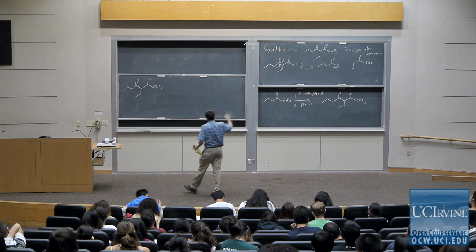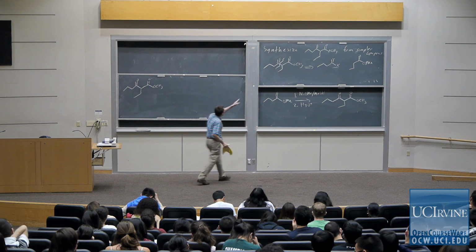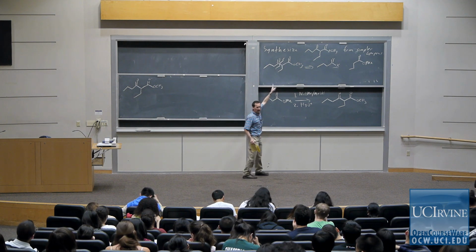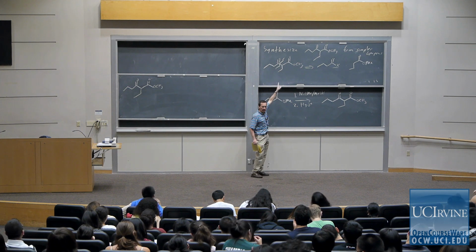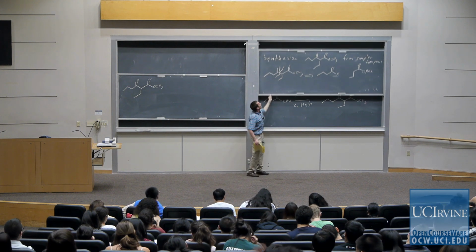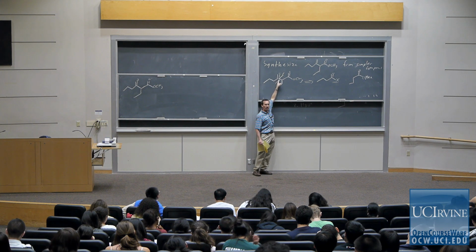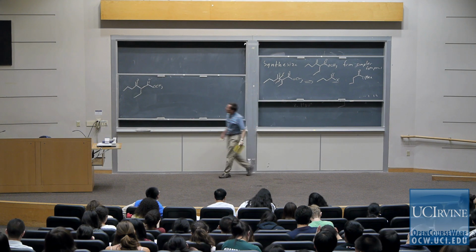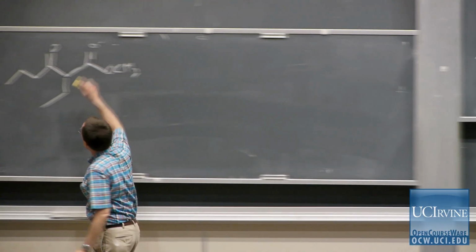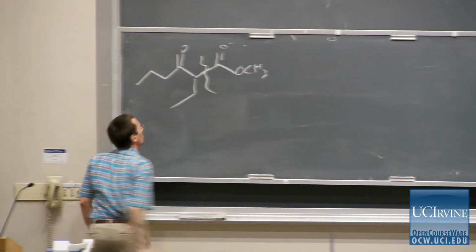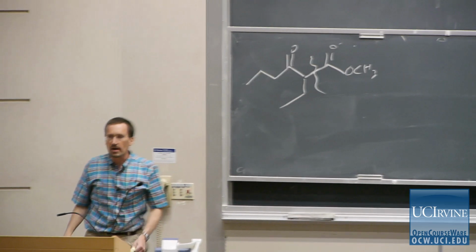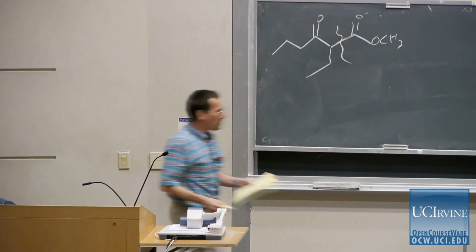And so one person can look at the alpha beta unsaturated carbonyl compound I've drawn here and say, I'm going to break this bond between the alpha carbon and one of the carbonyls. And another person can look at the same molecule and say, I'm gonna break that other bond.